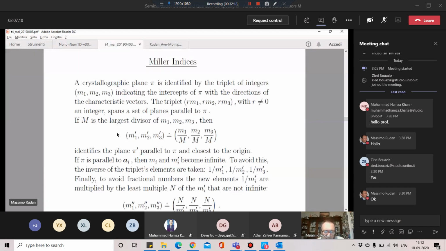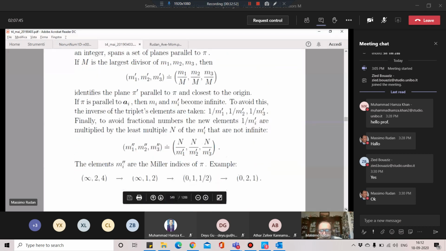We still have a risk, and the risk is that if it happens that this plane is parallel to one of the axes or two of them, one or two of the indices become infinite, okay? So in order to avoid this occurrence, instead of considering m1 prime, m2 prime, and m3 prime, we consider the inverse of them.